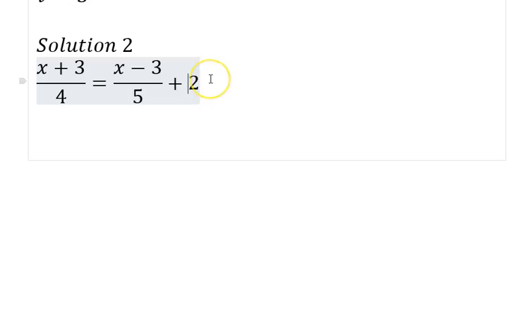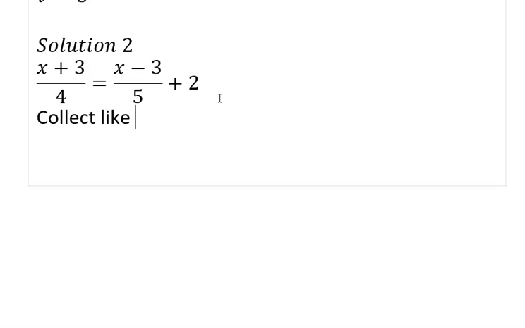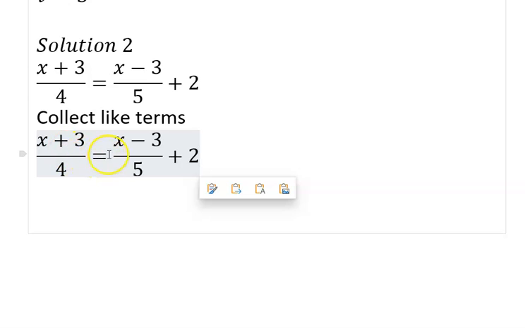Now, first things first, because we have x here and x here in this place, let's collect like terms so that they can come together. That's the first thing we are going to do. What do I mean? All we have here will come here.